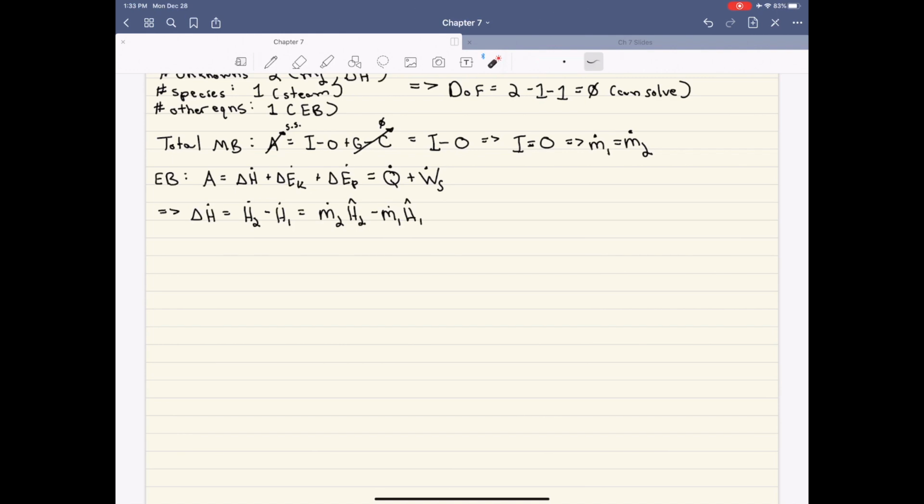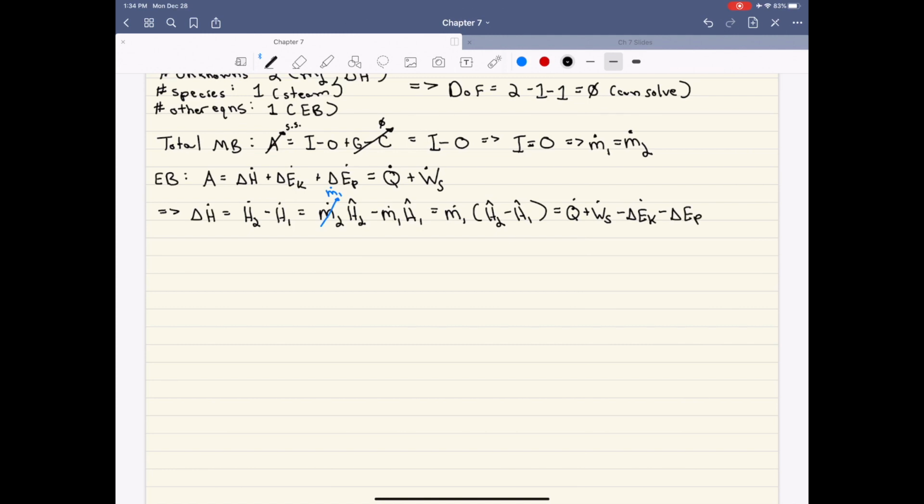But we know that the mass flow rates are the same, so we could pull that out. And I'll just write this here. This is M1. So we have M1 is equal to this. In any case, this side is just going to be equal to the heat rate plus the shaft work minus the kinetic energy, minus the potential energy change.